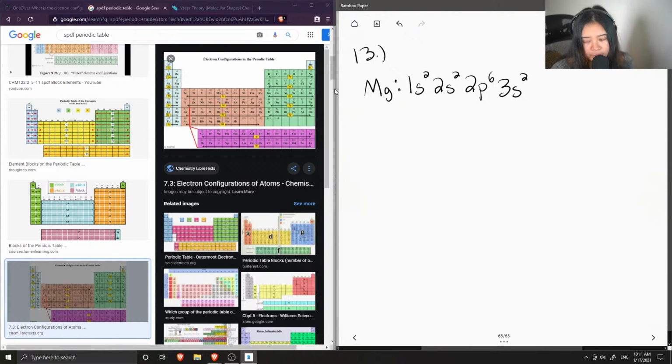So now when we want to write the electron configuration of a magnesium ion, which was probably Mg2+, this means that it lost 2 electrons, the 2 electrons being the ones in the 3s2 orbital. So we can write a new electron configuration, which is 1s2, 2s2, 2p6.